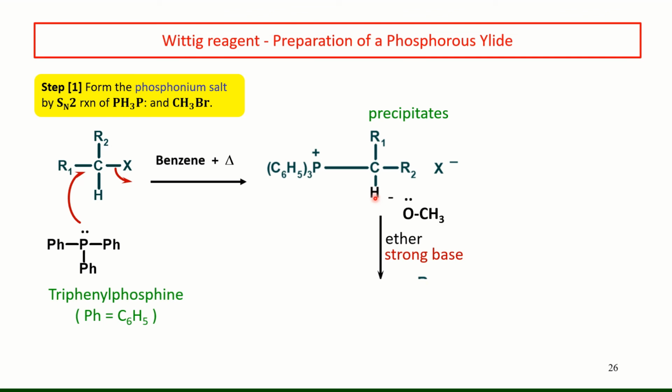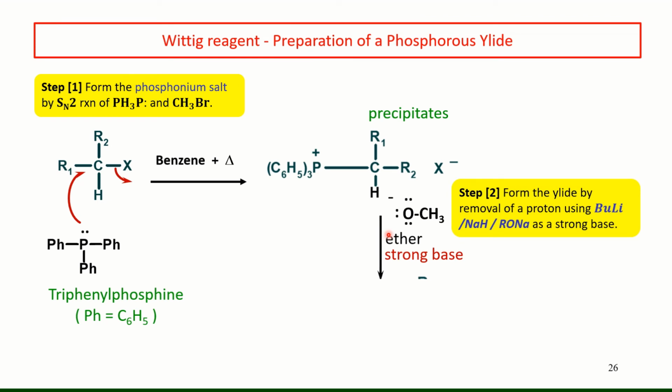In this case an alkoxide will deprotonate, and this will form our ylide. So this is the active reagent in our Wittig reaction. Note the bases that you can use: n-butyllithium, sodium hydride, or any alkoxide.